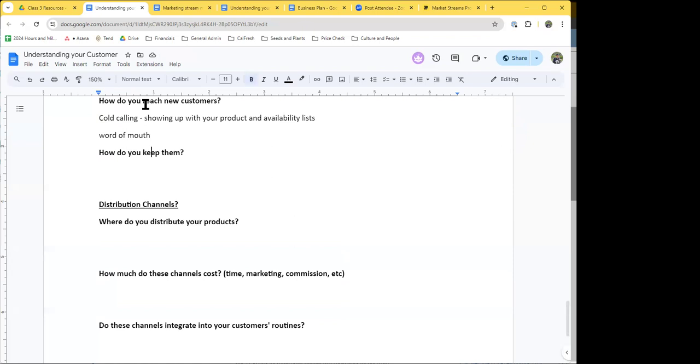How do you keep these clients though? Business to business, that reliability piece is really important. Being consistent is how you're going to keep these clients, really always having your salad mix every week, because if they need to skip you to go to somebody else, who is their backup?